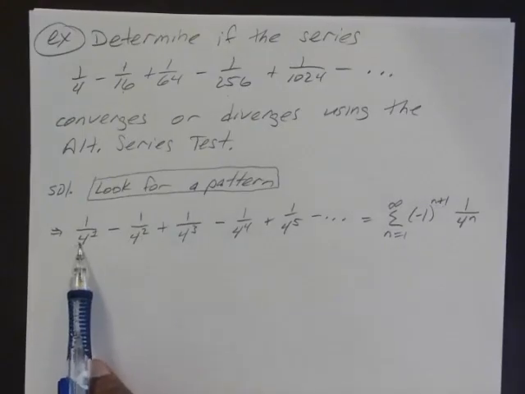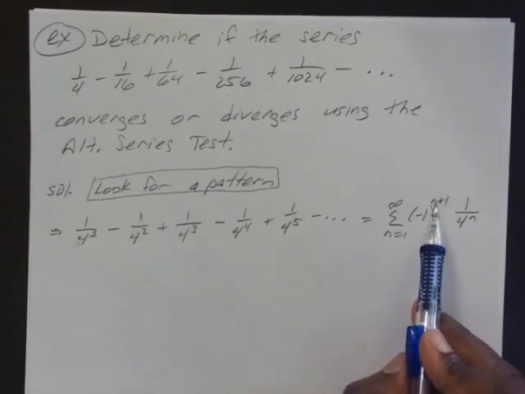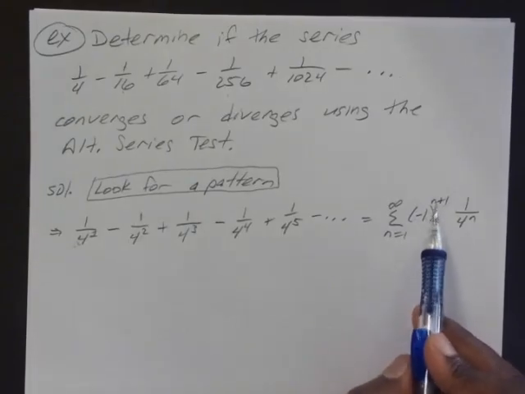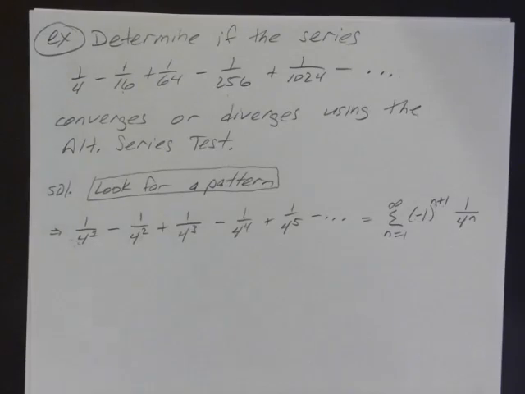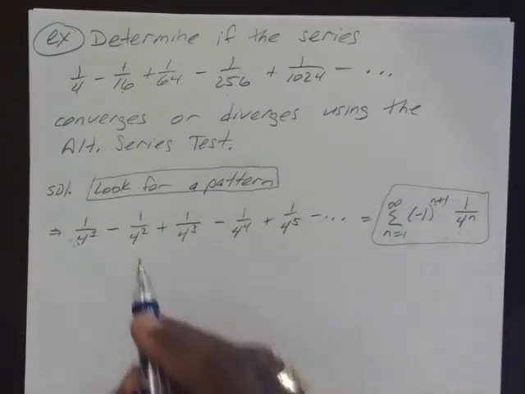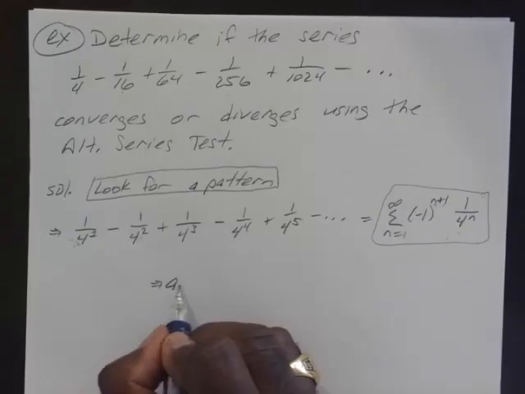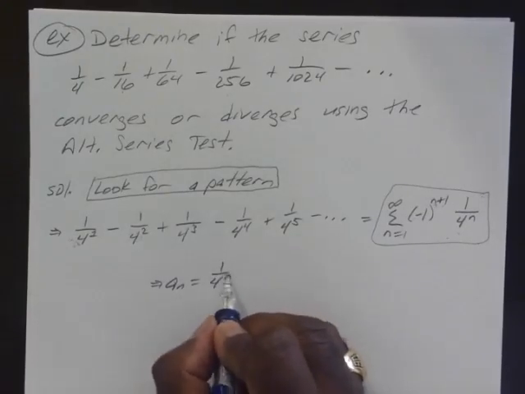But if this would have been negative, then you would have -1 to the power of n. So that's -1 to the first power, which is negative, so that first term would have been negative. So we can see, just from being able to find that pattern, that a sub n is equal to 1/4 to the power of n.